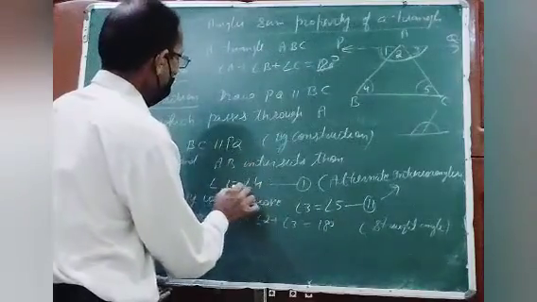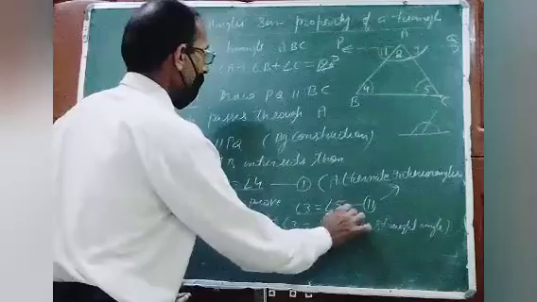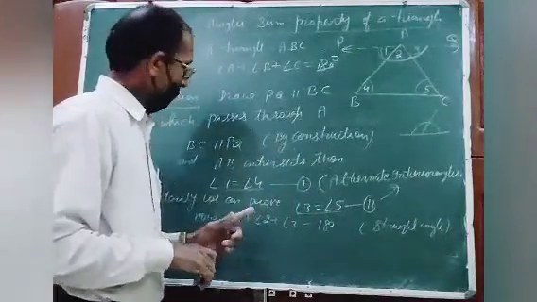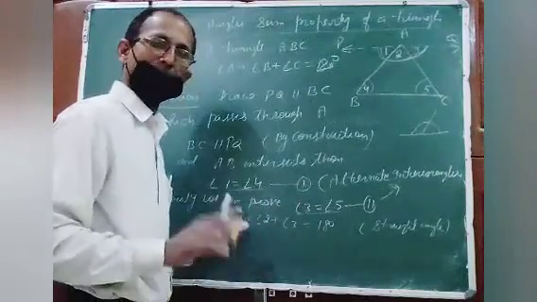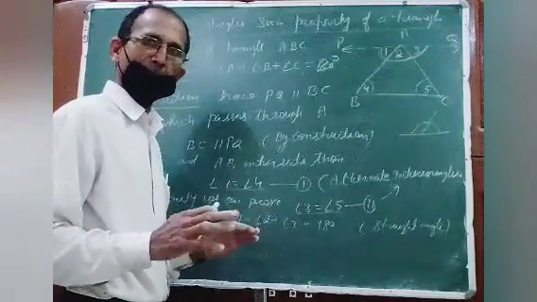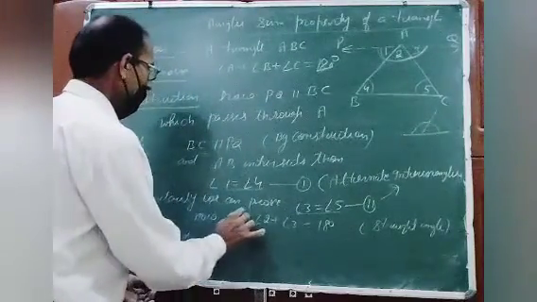But we proved angle 1 is equal to angle 4 and angle 3 is equal to angle 5. Both are equal. So here angle 1 is given; if I write angle 4 here, no problem, because angle 1 and 4 are equal. So now I am replacing them.